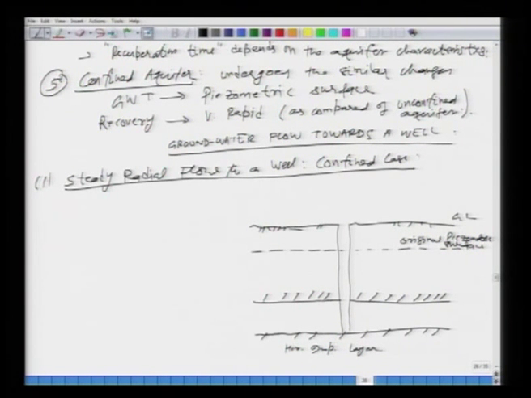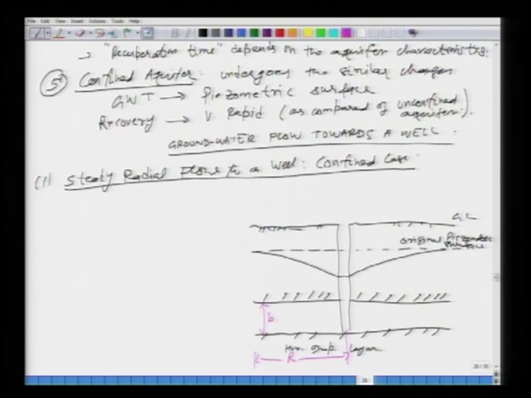Under the steady state conditions, let us say it has become like this. All right. So, the thickness of this aquifer is, let us say, B. We will define all the parameters which we are going to be needing, and this is your radius of influence, every distance we are measuring from the center of the pumping well.